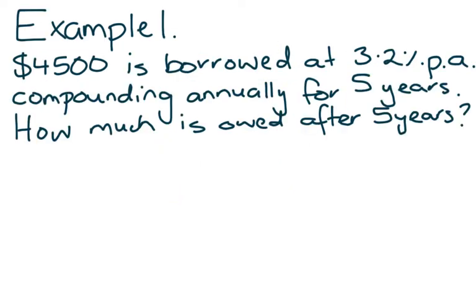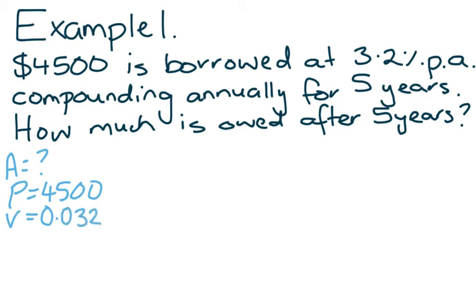Our first example: $4,500 is borrowed at 3.2% per annum, compounding annually for 5 years. How much is owed after 5 years? I always write down at the side what I need. A, we don't know. The principal is 4,500. The rate is 0.032.